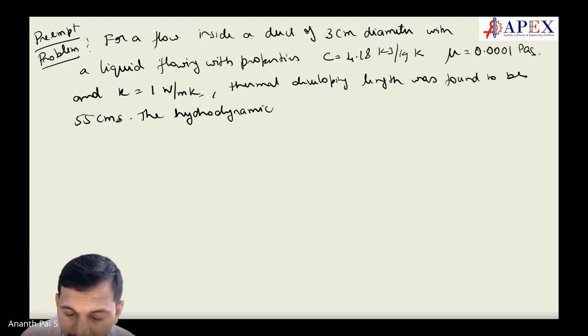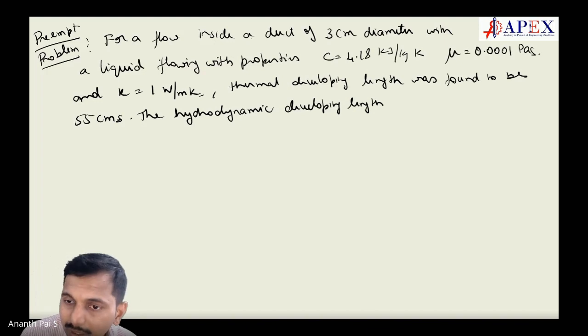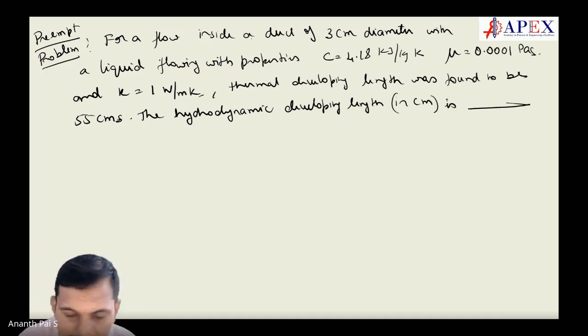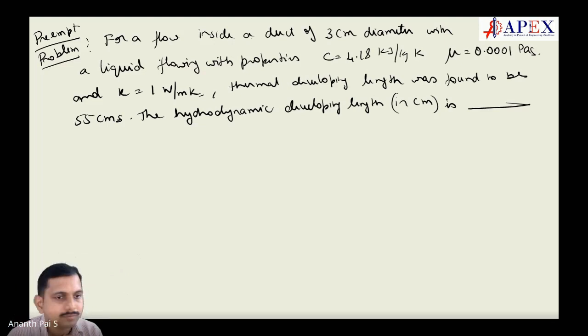The hydrodynamic developing length in centimeters is dash. Round off to 2 decimals.